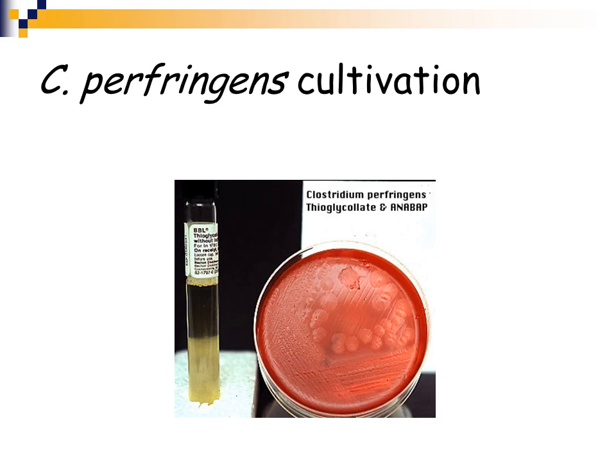So here is Clostridium perfringens growing in thioglycolate broth, and you could see it's growing only at the bottom of the tube where the conditions are anaerobic, and on the right it's an anaerobic blood agar plate.